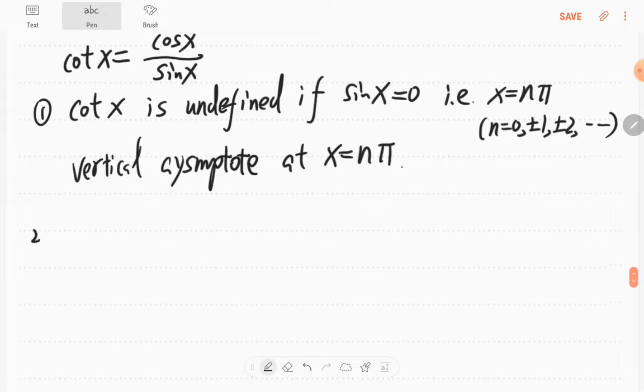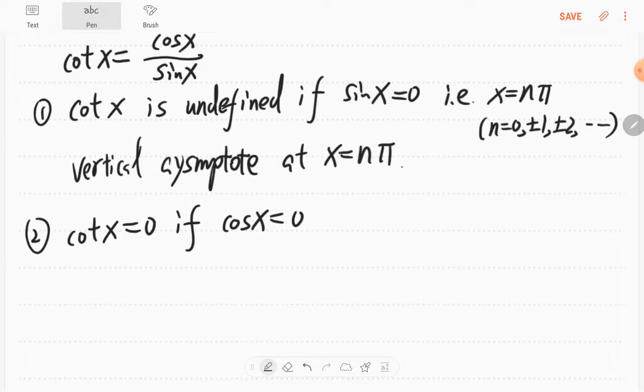And the second is when cotangent x equals 0, if cosine x equals 0, okay? So when cosine x equals 0, we know it's equal to x equals pi over 2 plus n pi, okay, n pi.